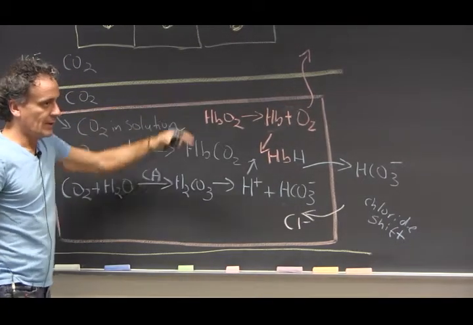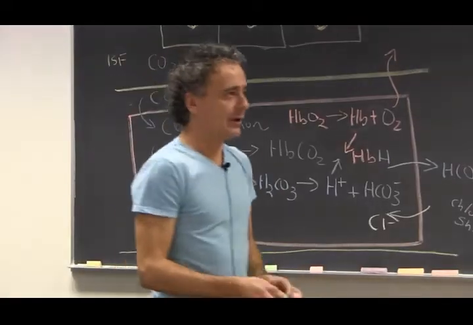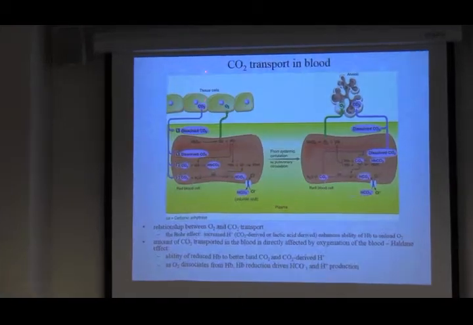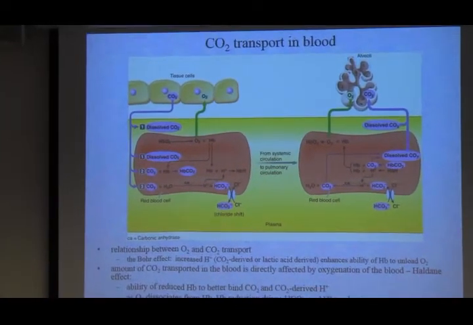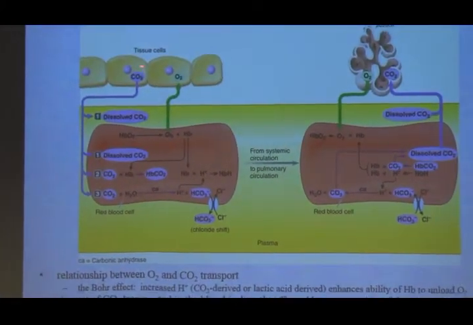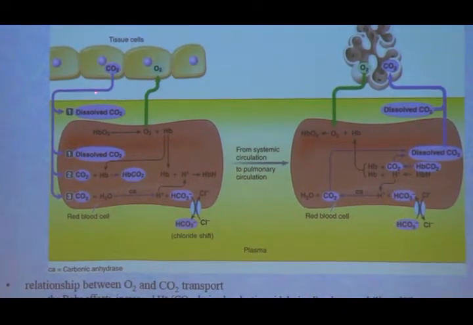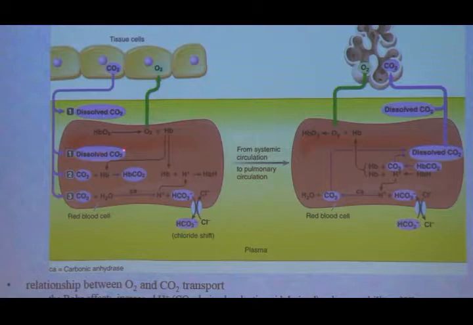This is important later to explain how the transport of CO2 is intimately linked to the levels of oxygen in blood. Now, using the figure over here as a summary, we basically see the same series of reactions that we've talked about. We have CO2 produced by the tissue cells. CO2 gets dissolved in the interstitium and in plasma. It enters the red cell, as you see here in what's labeled as number 1. The dissolved CO2 binds hemoglobin, and now we form this carbamino hemoglobin.